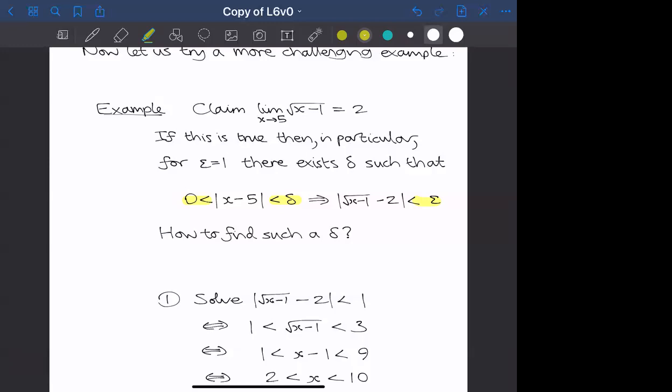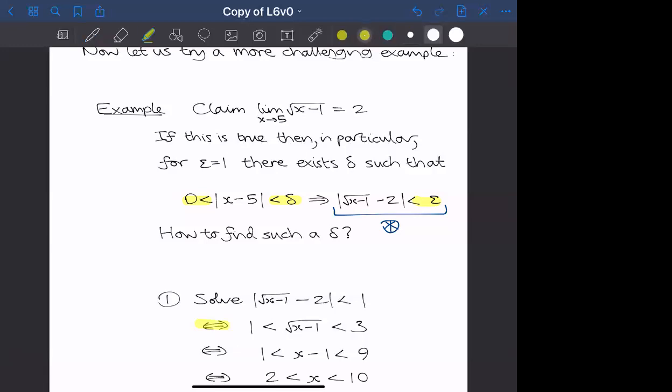Well, again, we solve the thing on the right-hand side. So last time I called this star. Solve that. So if star is true, then the square root of x minus 1 must be between 1 and 3. That's the first line.